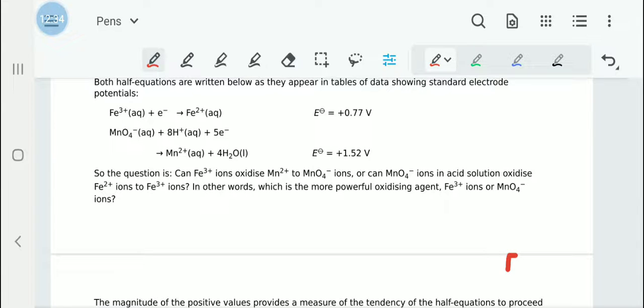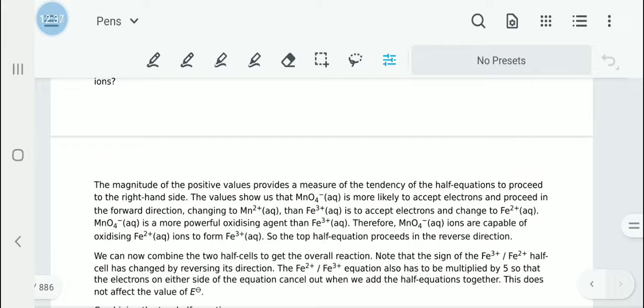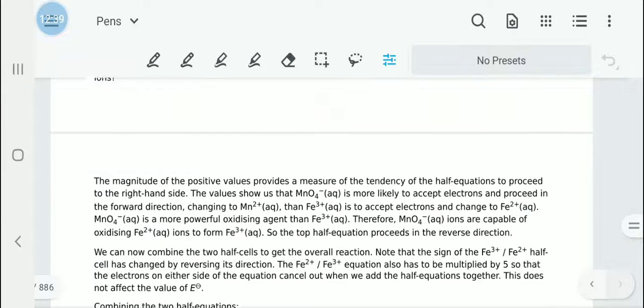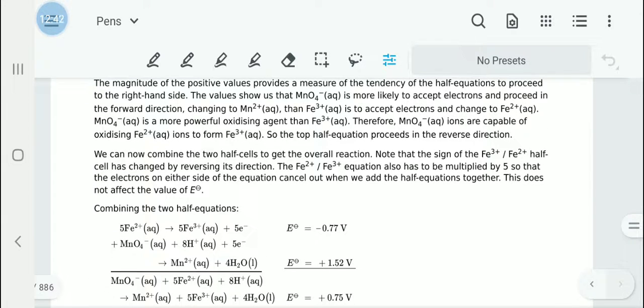This also suggests, within brackets, that the positive values of the E standard values suggest that there is a higher tendency for the half equations to proceed to the right hand side.